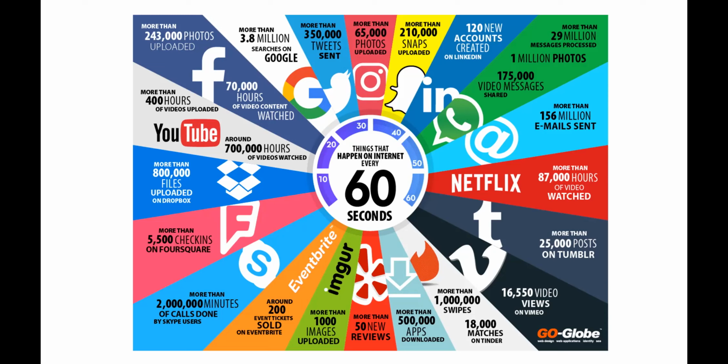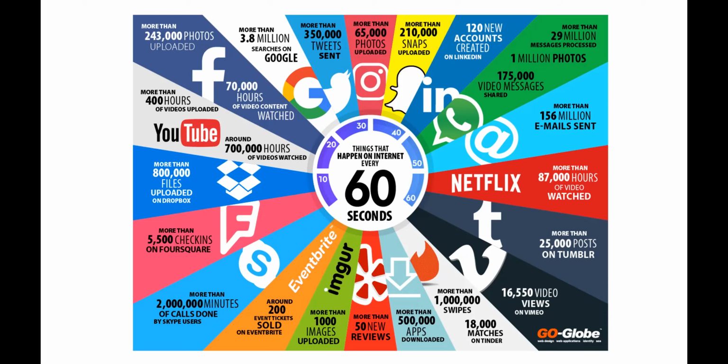This is a statistic from a couple of years back. If you take social media networks like Facebook, there were about 243,000 photos uploaded and 70,000 hours of video content watched. If you take Instagram, for example, at that time more than 65,000 photos were uploaded.